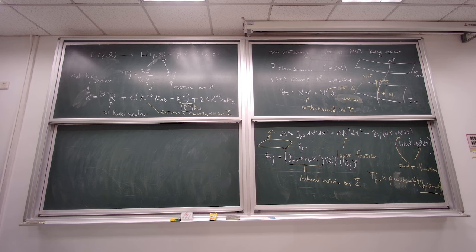And then here we can just write down the following: the bulk term, K A B K A B minus K squared, n square root q d^4x.